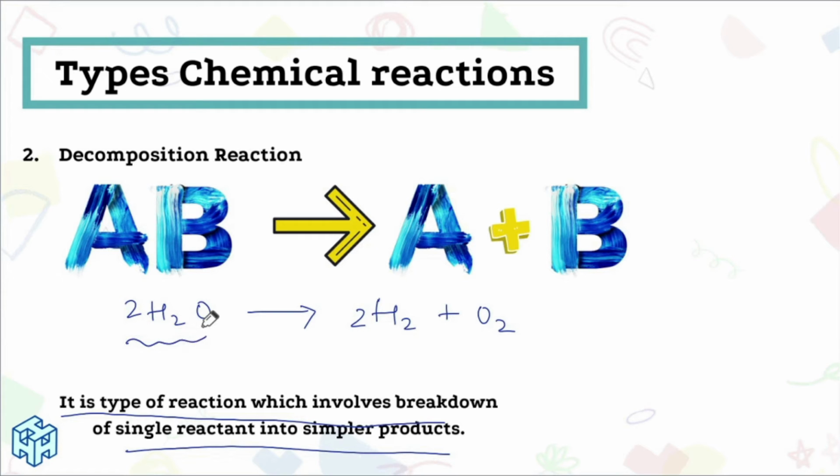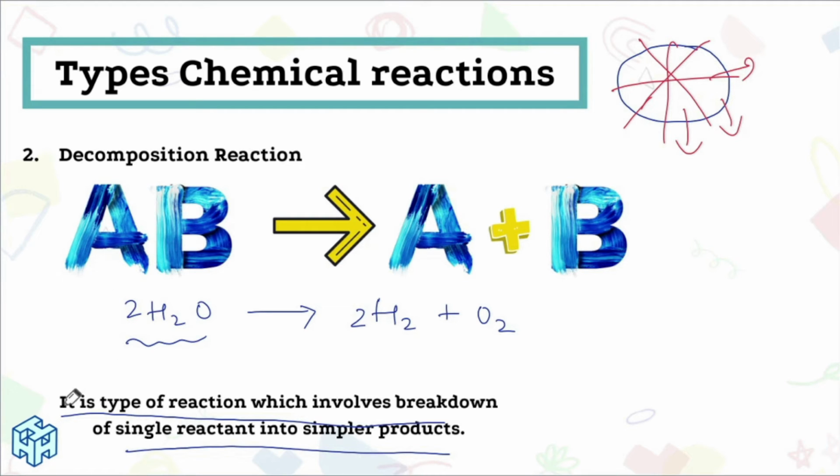It means we are making a bigger element into smaller ones. To modify a bigger element, I am breaking it into very tiny parts. This is one part, this is one part, this is one part.